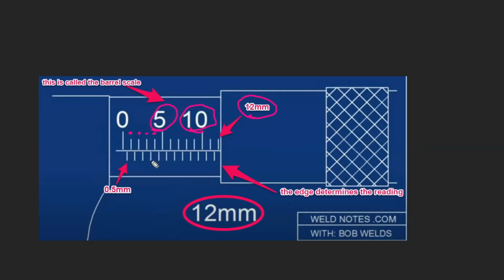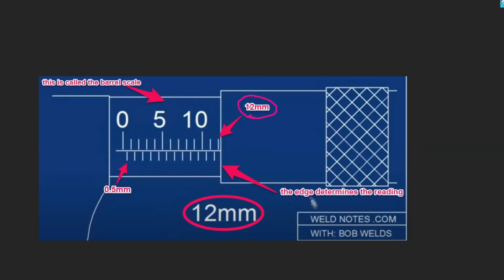Now these little lines at the bottom, I'll give a different color. Each line represents 0.5 millimeter, so half a millimeter. As you can see, these lines line up exactly in between each 1 millimeter if you check carefully. This gives that little bit of accuracy.